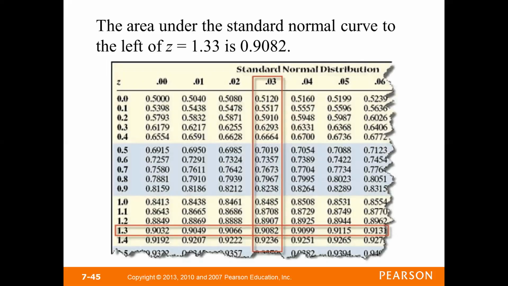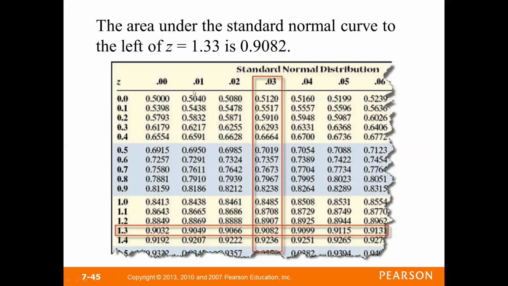If we go into a normal table, the normal table has values down one column and across the top. And what it does is it gives me the z-score to 2 decimal points. What goes down this first column are the integer value and the 10th digit.